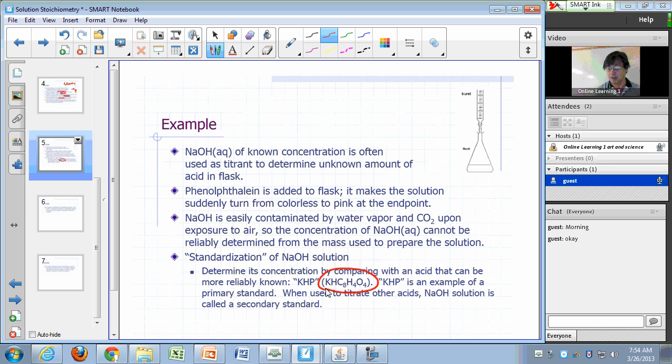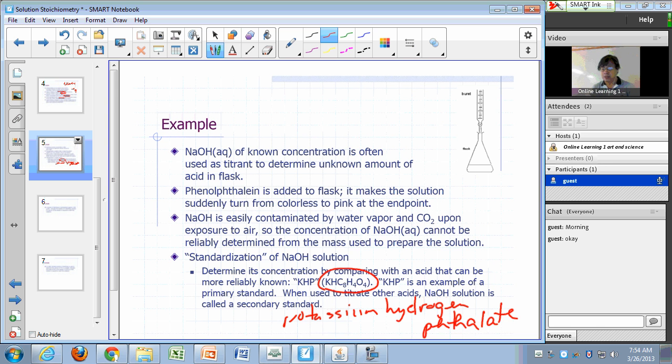Right, so the name of the compound is potassium hydrogen phthalate. So the P here, phthalate, stands for phthalate.